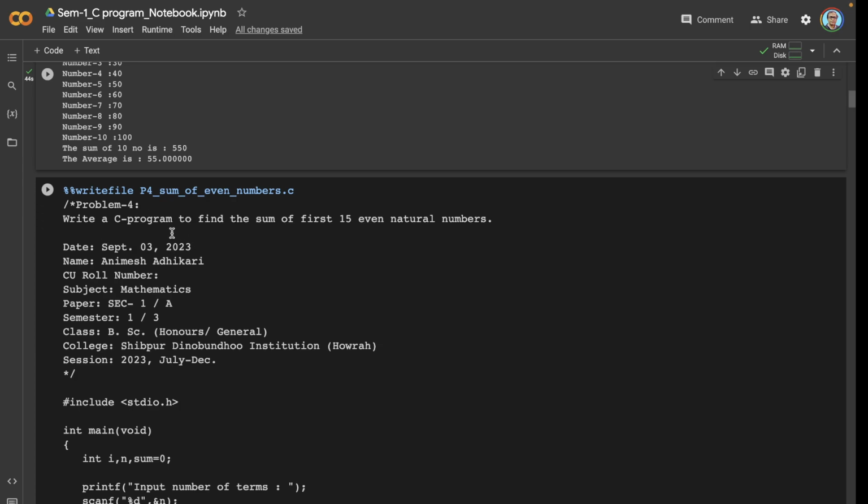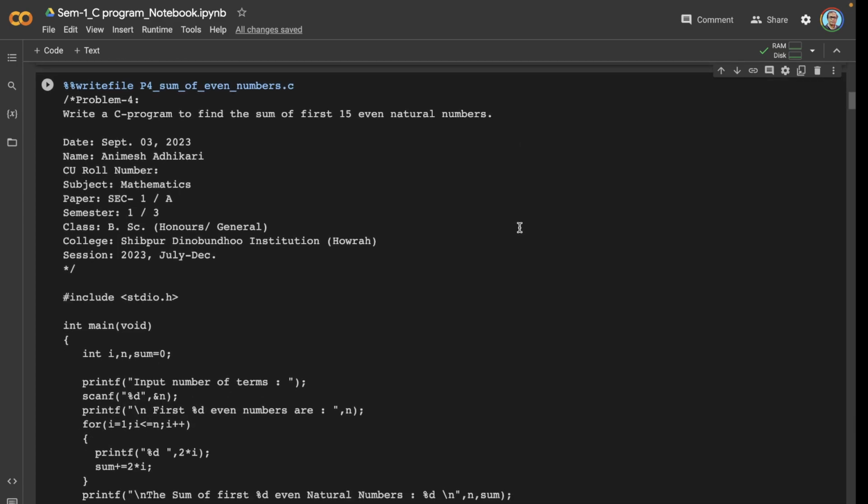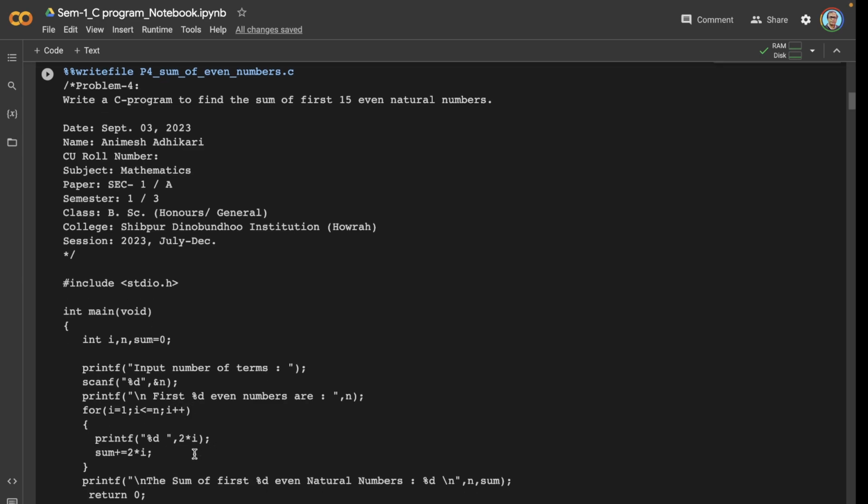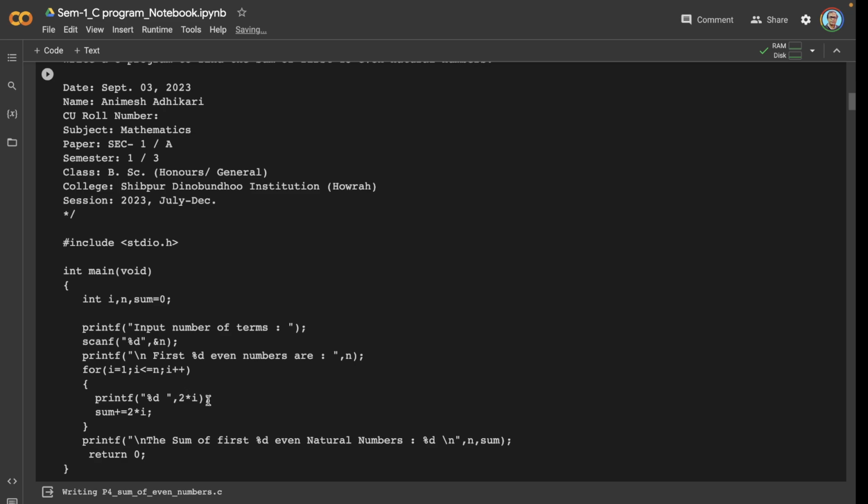Problem 4. Write a C program to find the sum of first 15 even natural numbers. So for even natural numbers, this i equal to 1, i less than equal to n, i plus plus, printf this 2 star i. So 2 star i, multiplied by 2, so these numbers are even natural numbers. Sum equals to sum plus 2 star i.